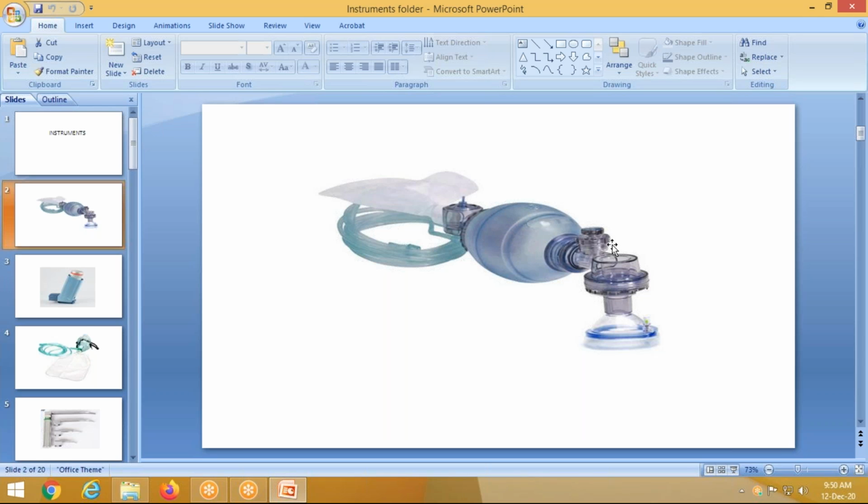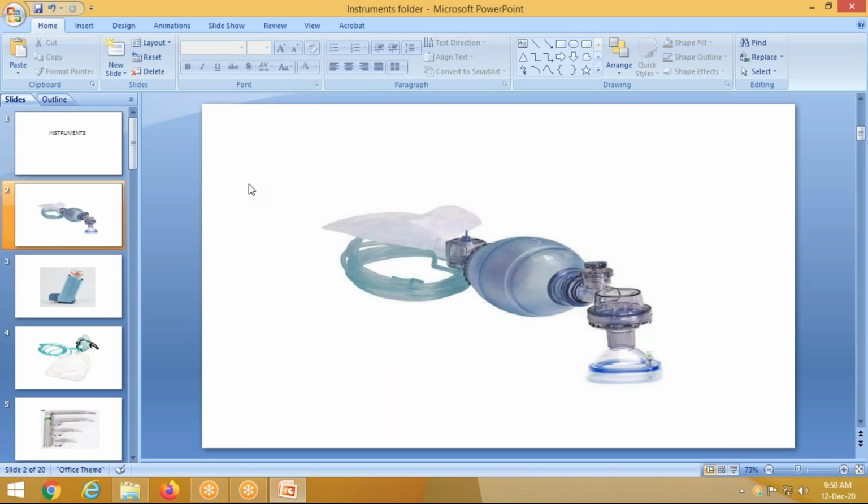So this is the bag, pop-off valve, mask of adequate size. This is the closed-end reservoir. In the previous diagram, I showed you an open-end reservoir. Then this is an oxygen tubing connected to the oxygen. If it is a closed-end reservoir and oxygen of full saturation is given, it will give at least 94%, about 95%.